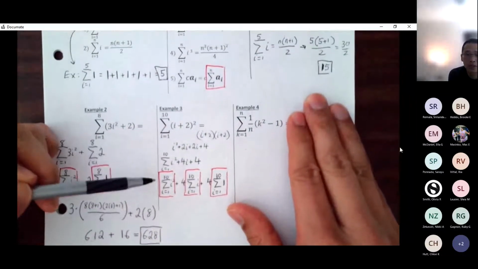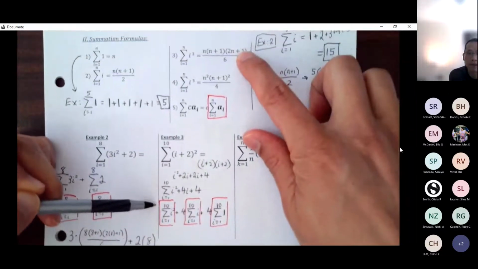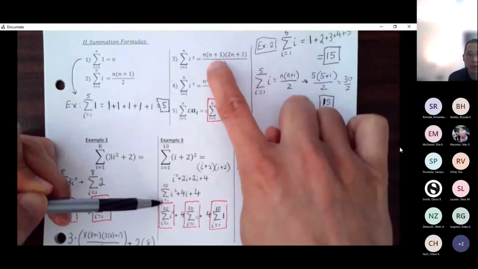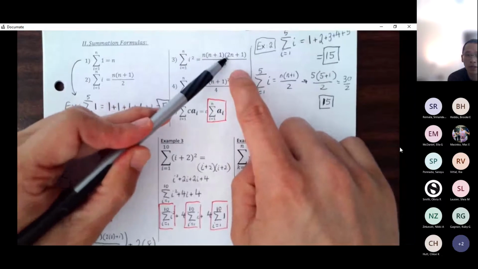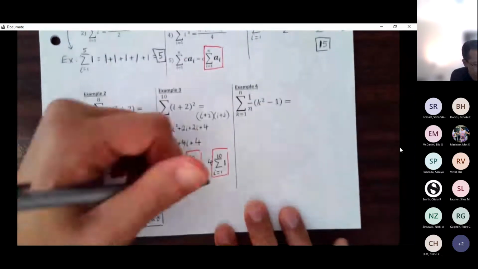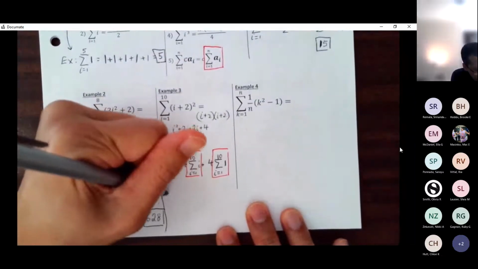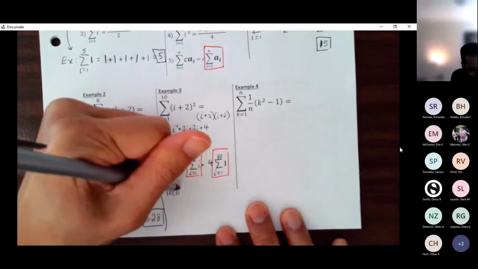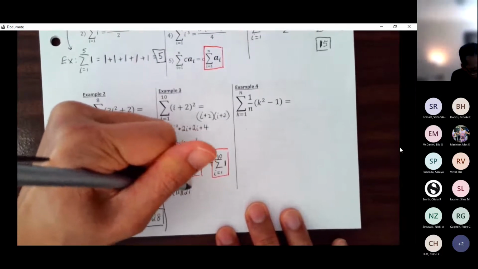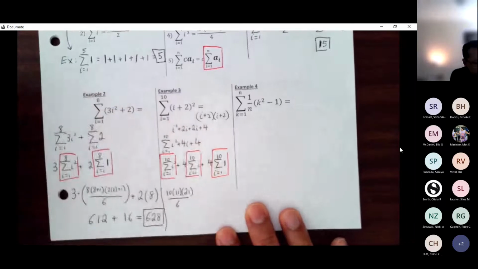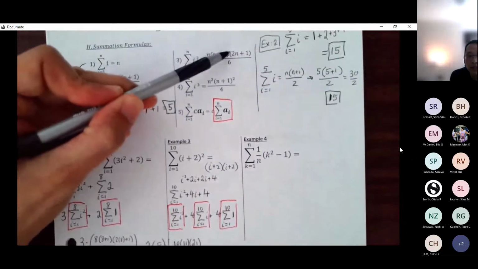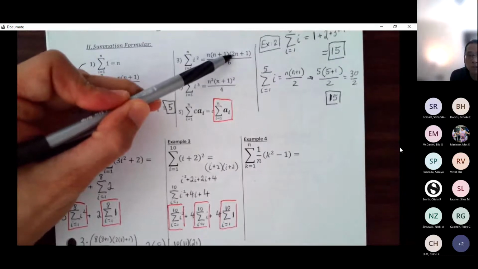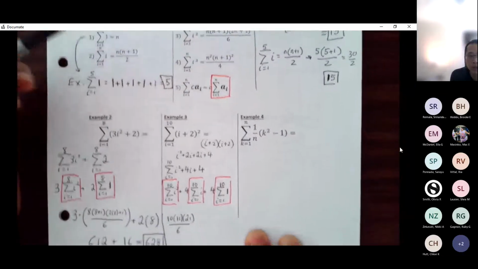Okay, so for the summation of i squared, I'm going to use my first rule. My upper bound is 10, so I'm going to insert 10 in for all the n's. Okay, so 10 times 10 plus 1, which is 11. 2 times 10, 20 plus 1 is 21, all over 6.